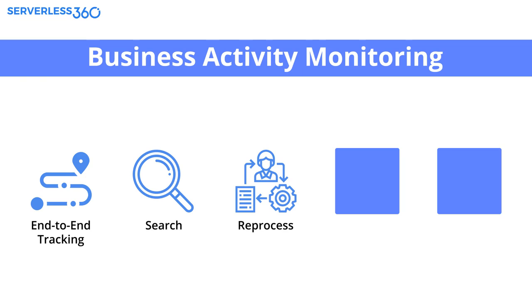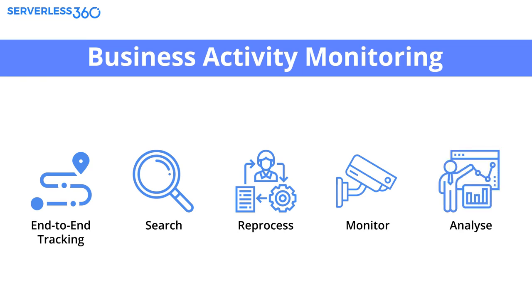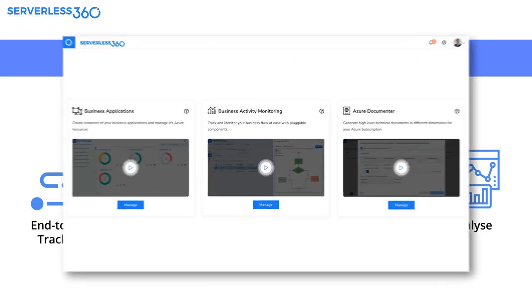In case a failed transaction is detected on the business side, the user can easily reprocess the transaction to a successful state without needing to rely on skilled Azure personnel, thereby reducing the overall cost of ownership. Configure alerting systems that notify any failures in your business process. Using the tracked information, a comprehensive dashboard is provided to help you make strategic business decisions. Let's take a hands-on look at how these features work within Serverless 360.